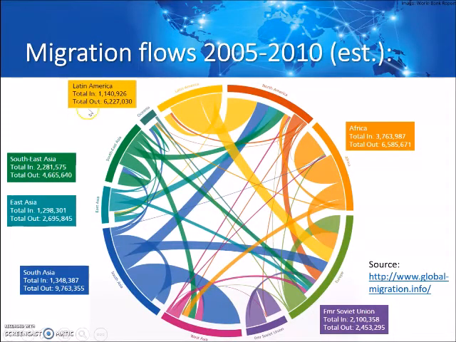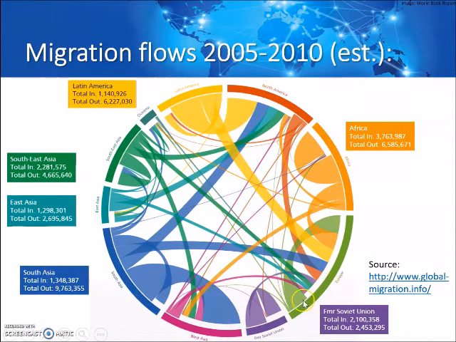You can see also, for example, Latin America also had many more going out than going in, a large portion going to North America, also quite a portion going to Europe, and then also part of it migrating within the continent. So it's quite interesting. Or here, for example, you can see that South Asia has a big portion of migrants going to West Asia.